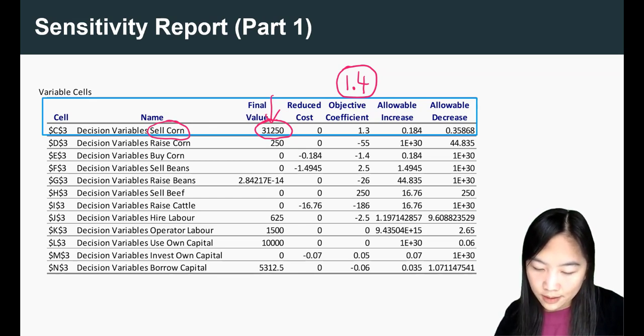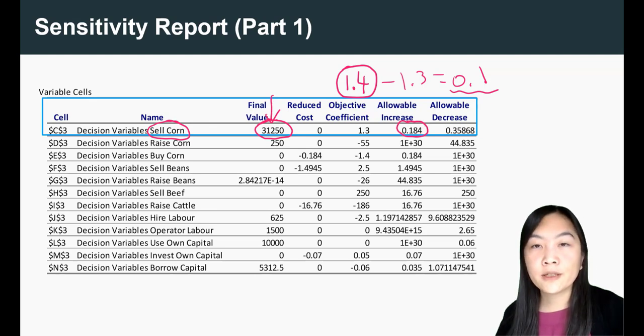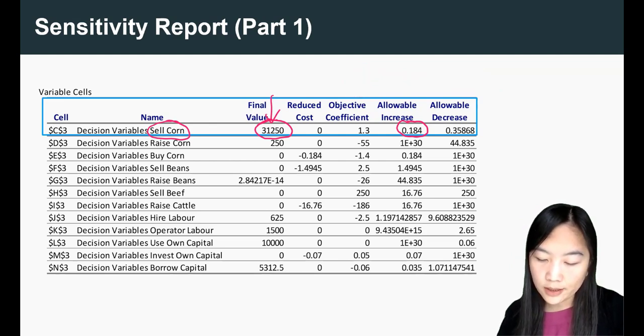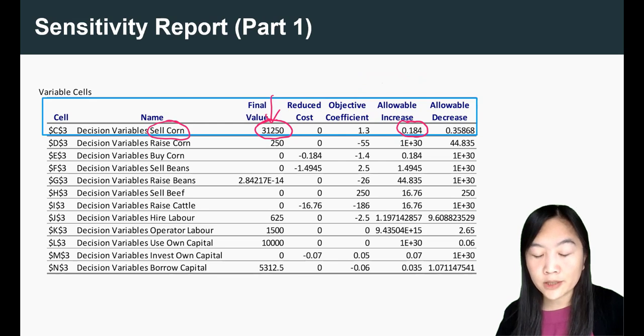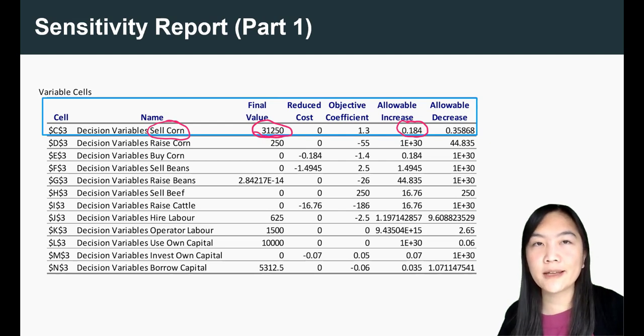Since 1.4 minus 1.3 is 0.1, and this 0.1 is smaller than 0.184, that means your solution will not change. Be careful of the words I'm using. The solution will not change means this value here will not change. It doesn't mean the final profit will not change.